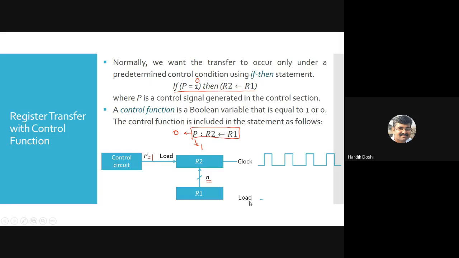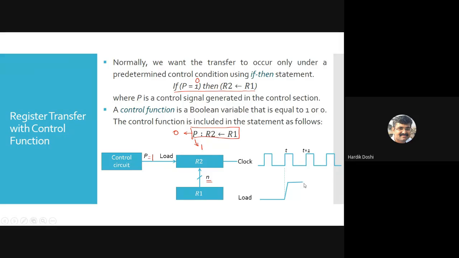Now when the load becomes 1 at some time t, it remains 1 till time t plus 1. A clock cycle started at this point and completed its complete cycle.